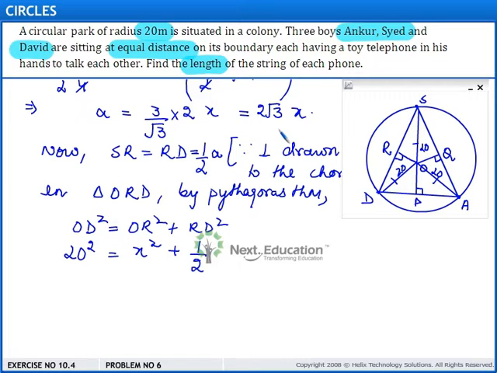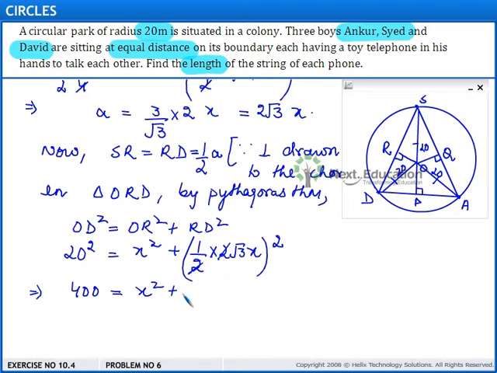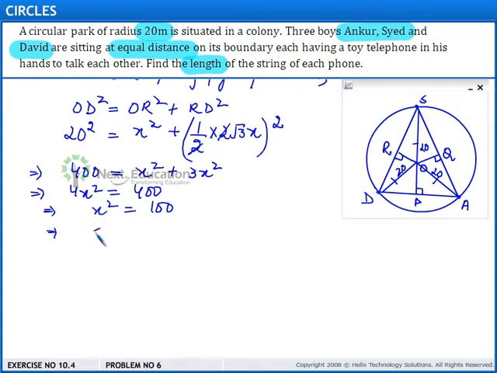And a is 2 root 3 x, so we have 2 root 3 x whole square. This further implies that 400 is equal to x square plus 3x square, which implies that 4x square is equal to 400, which further implies that x square is equal to 100, or x is equal to 10. Since minus 10 cannot be the length, therefore minus 10 is rejected.